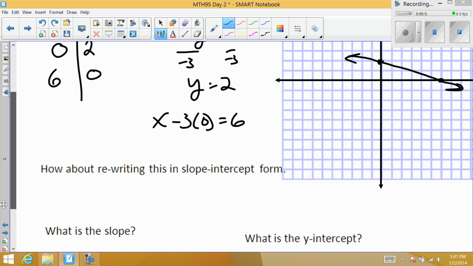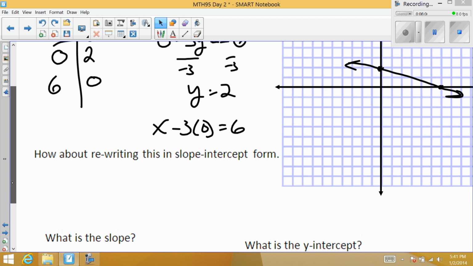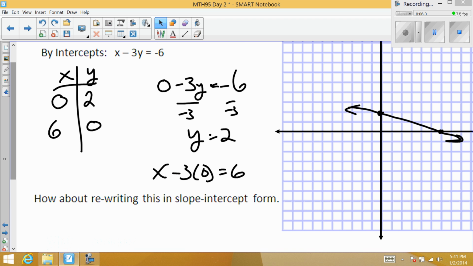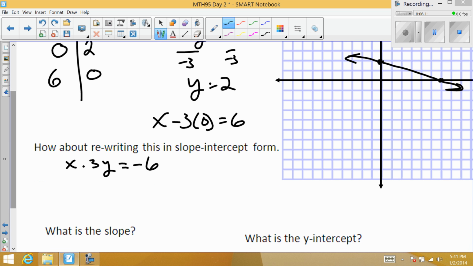If we wanted to rewrite it in slope-intercept form, we should get the same result. More room here. So if I take the same equation, x subtract 3y equals negative 6, and put it in slope-intercept form, to do that, I need to solve for y.